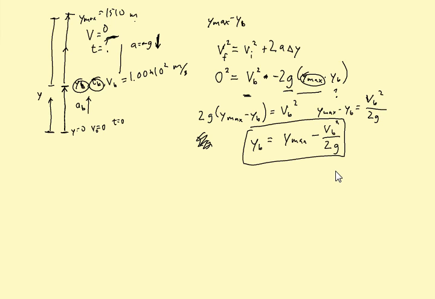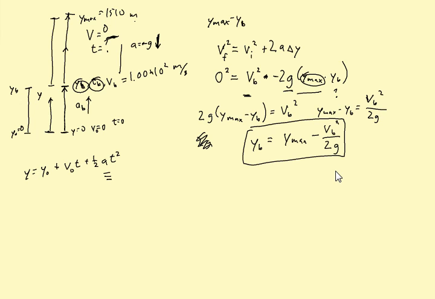So then all we need to find is the time it takes to burn. We take this period here, we know the beginning and end, we know this is yb, and we know this is y naught, which equals 0. So now we take y equals y naught plus v naught t plus 1/2 a t squared. This is not free fall because it is accelerating.